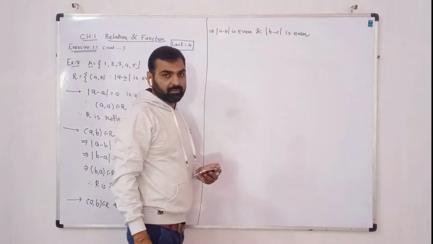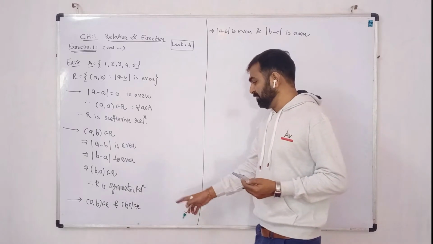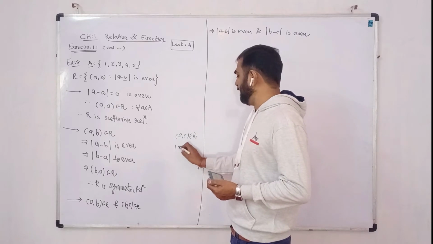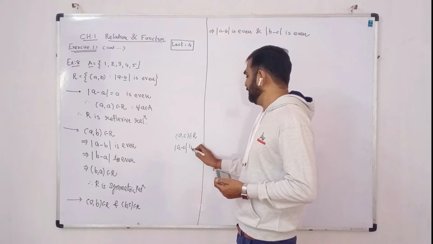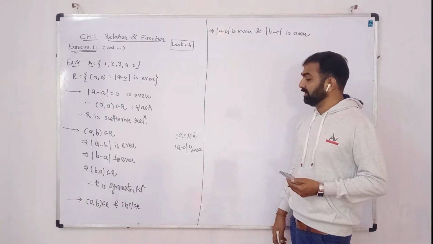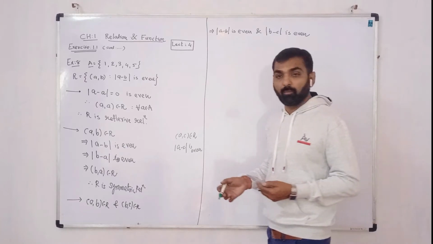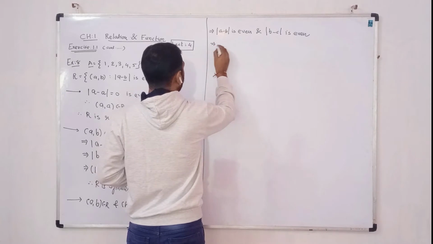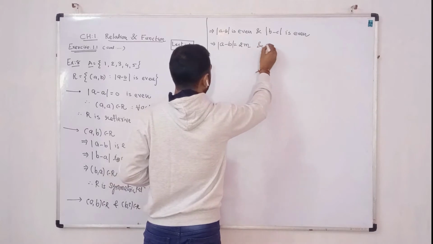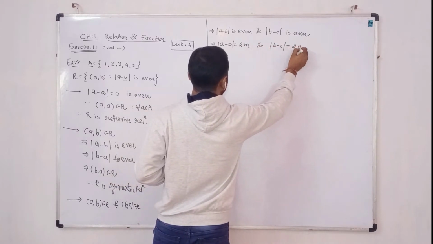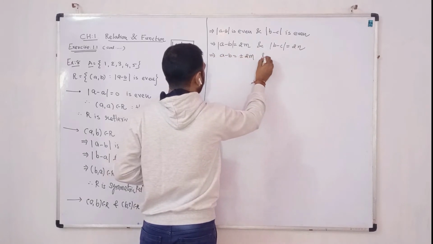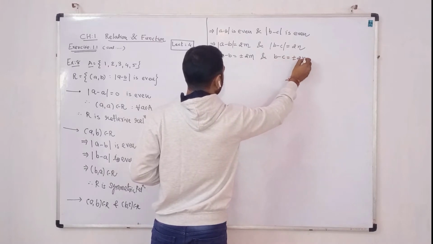We require (a, c) belongs to R, so we have to show that the modulus of a minus c is even. Even means a multiple of 2, so the modulus of a minus b is 2m and the modulus of b minus c is 2n. Removing the modulus, a minus b is equal to plus or minus 2m, and b minus c is equal to plus or minus 2n.